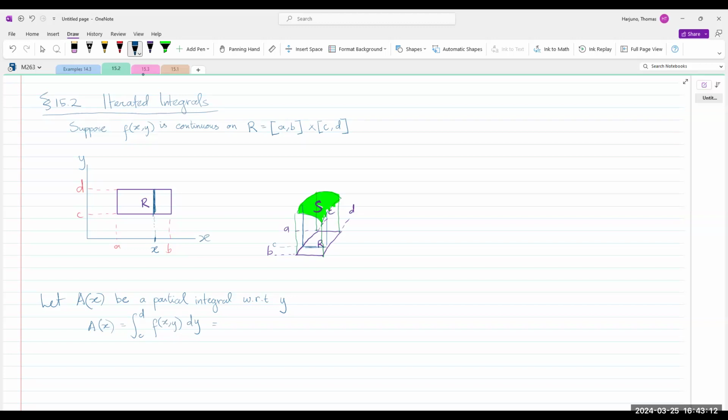This can be seen as the, quote unquote, area associated with the cross section at x.